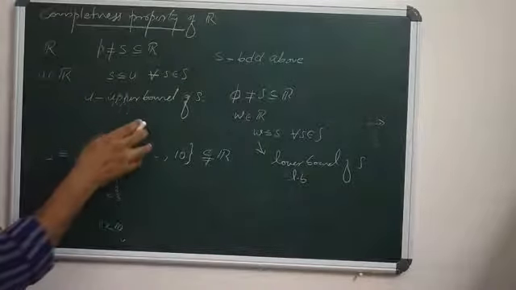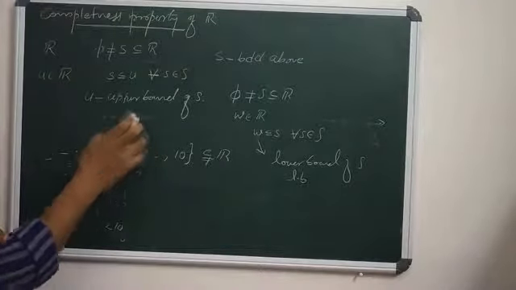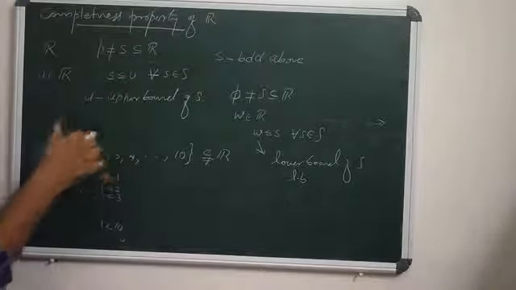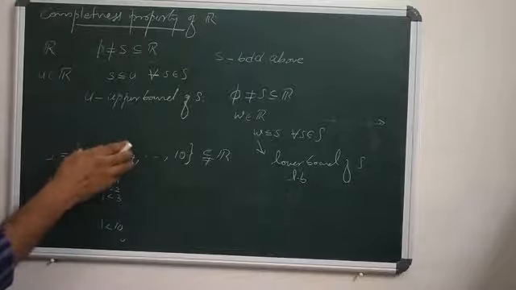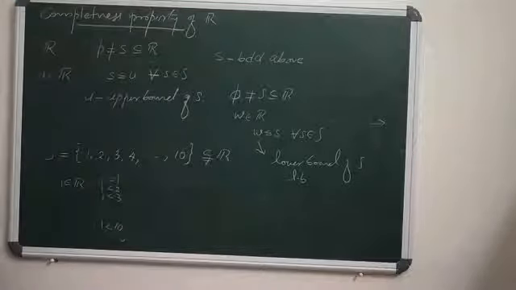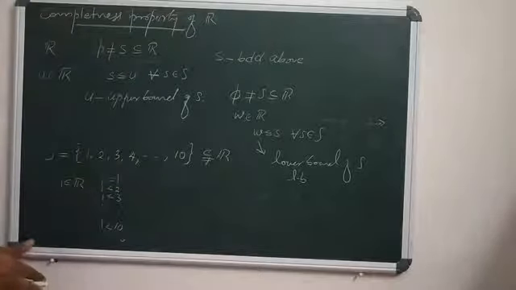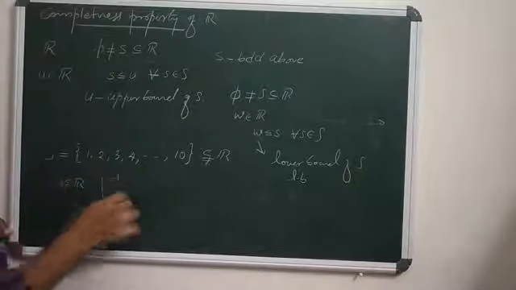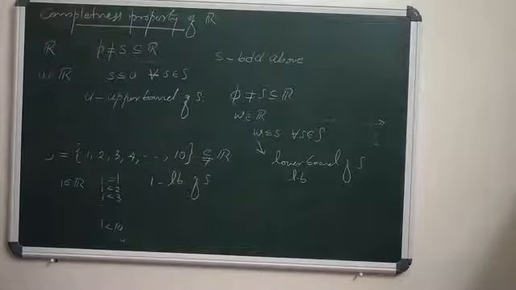All the elements in S are greater than or equal to 1. What is S here? S is the set of natural numbers from 1 to 10. Every element in S is greater than or equal to 1, meaning 1 is less than or equal to each element in S. So this 1 is known as a lower bound of S.